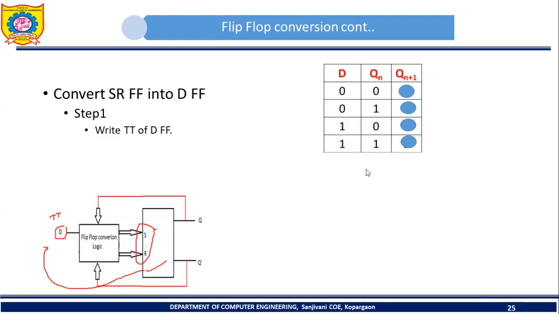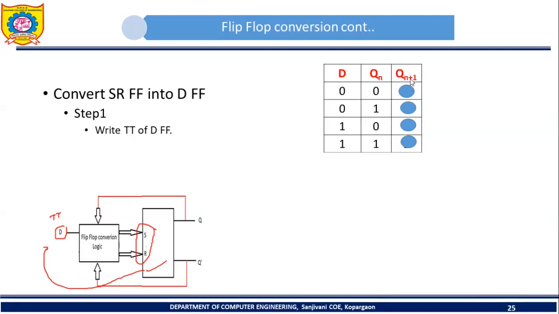Now you already know the working of D flip-flop. What happens in D flip-flop? In D flip-flop, whatever input we apply, the same becomes the output. So here, what is the input? 0. What should be the next state of D flip-flop? In case of D flip-flop, the next state does not depend upon the present state.